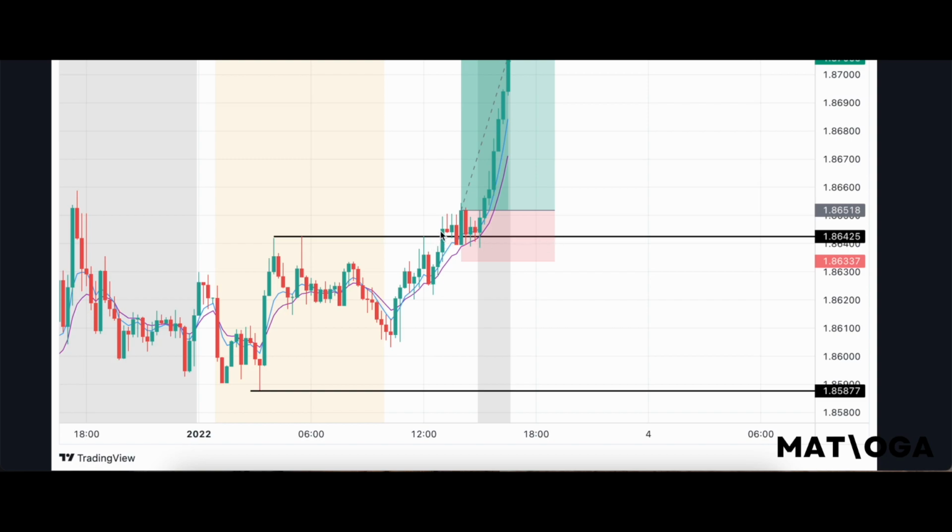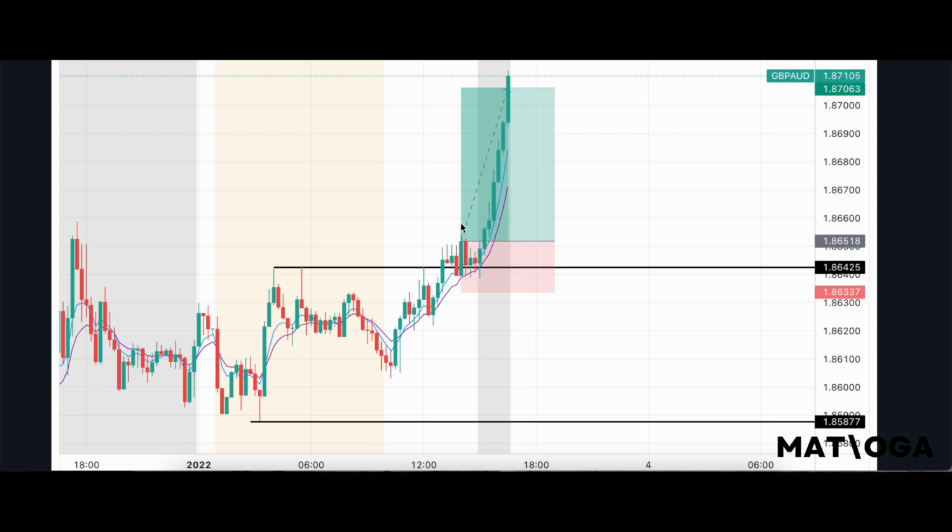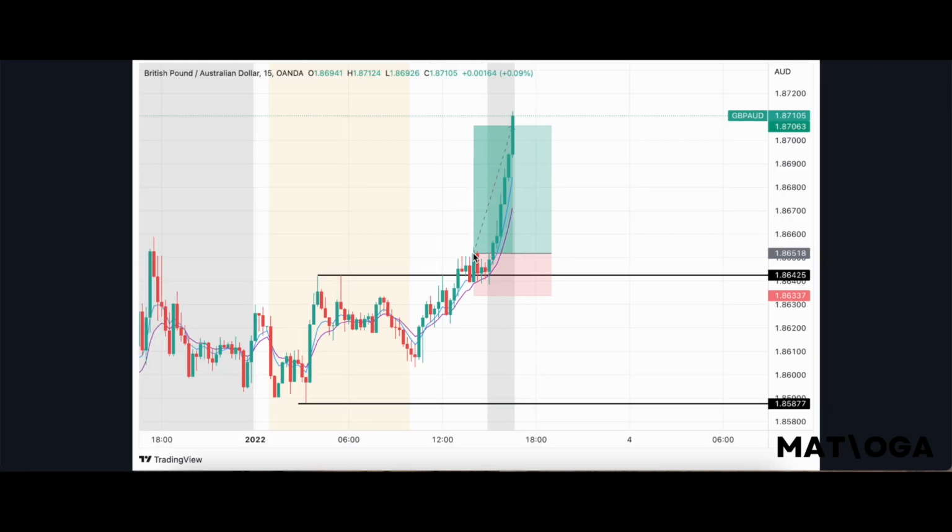So we had a break, we had some indecisive candlesticks, basically called the retest, and then continuation. We broke, we slowed down, and we pushed back above. This is our entry. All three sections are achieved. And what happened?